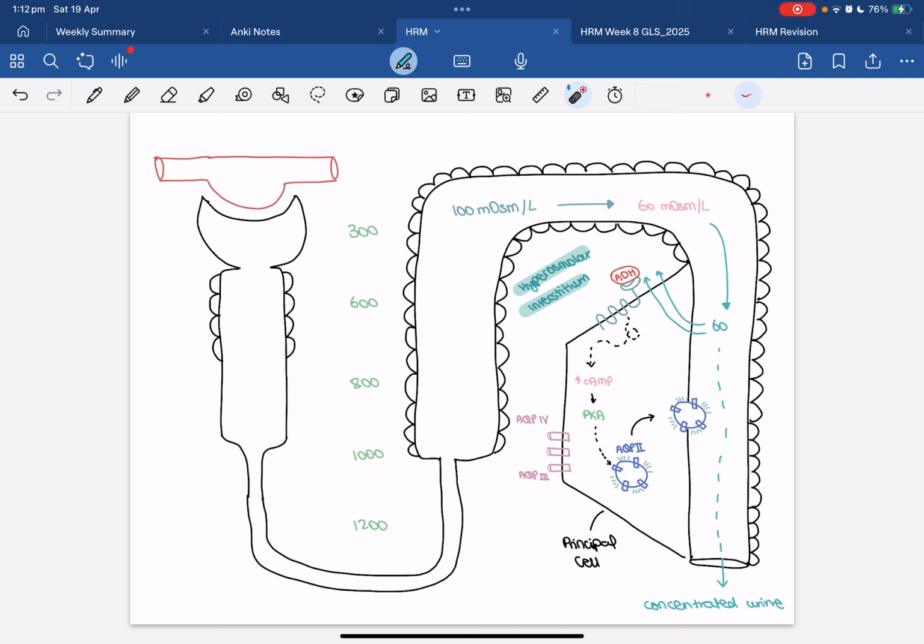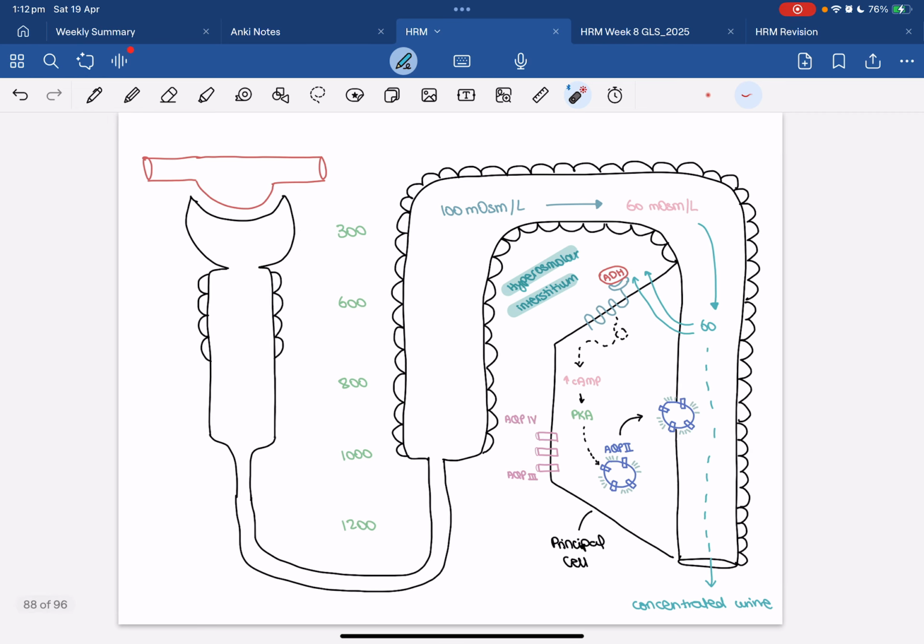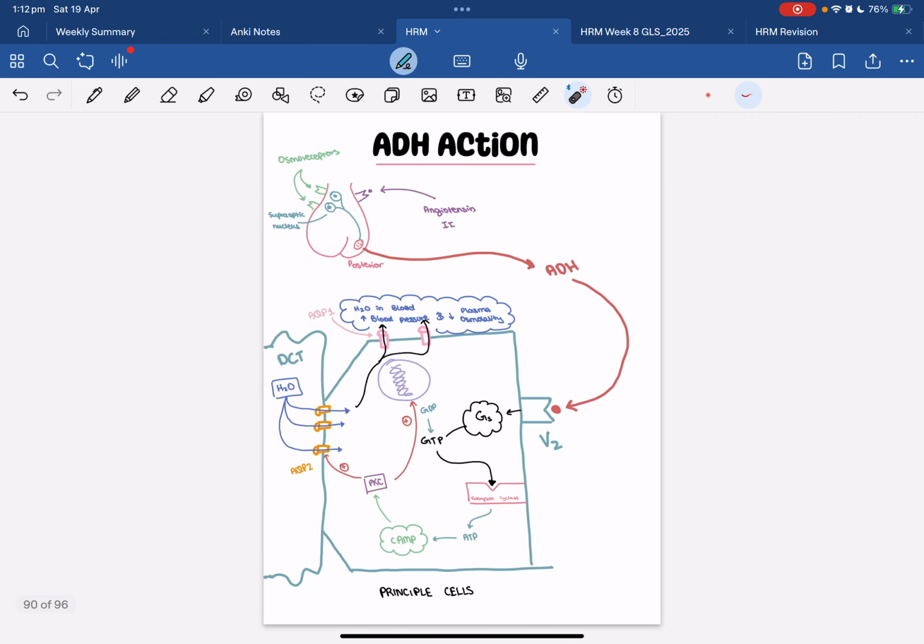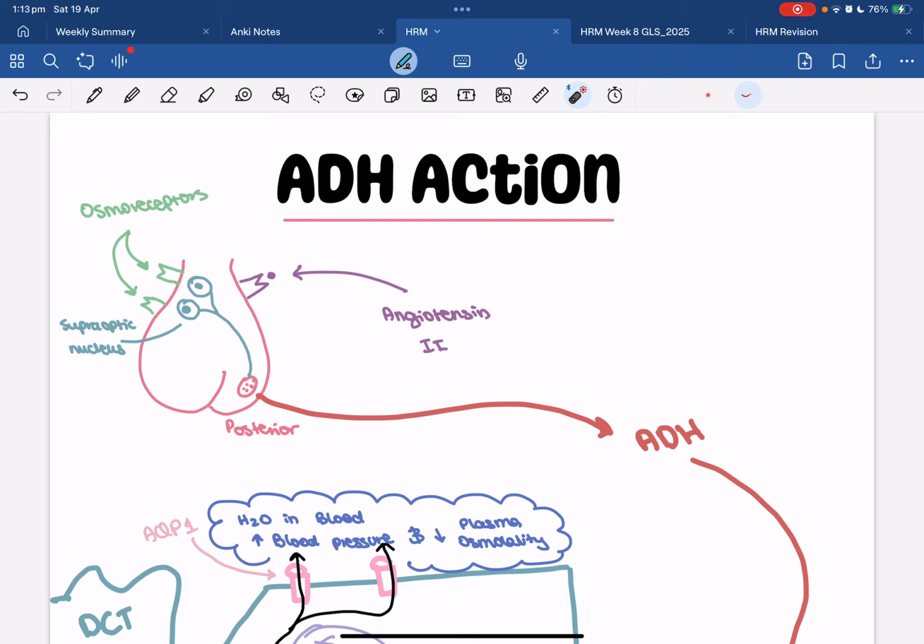Now the last thing I want to talk about is ADH, or antidiuretic hormone. If we have a look from the very beginning, in the brain you have these osmoreceptors and angiotensin 2. You would know the process of angiotensinogen from the liver getting converted into angiotensin 1 by renin, which is secreted from the juxtaglomerular apparatus.